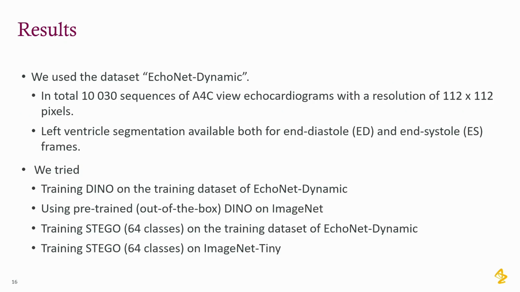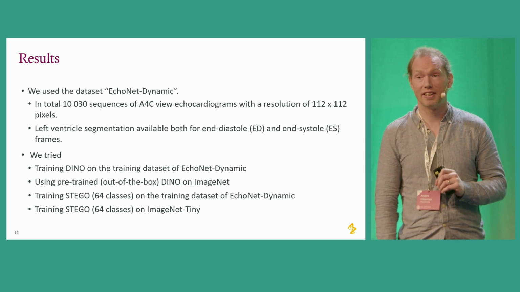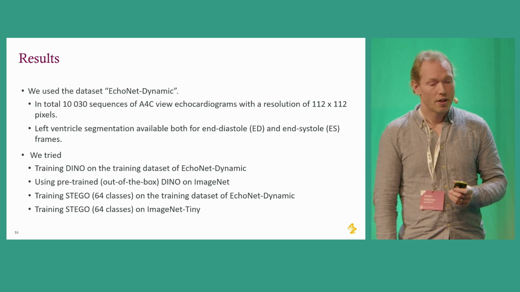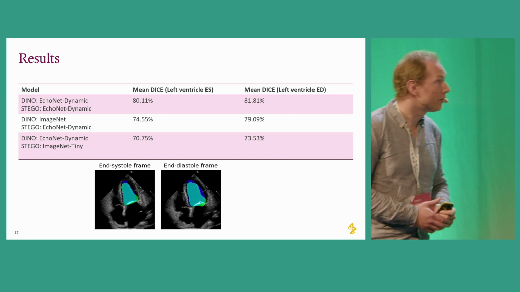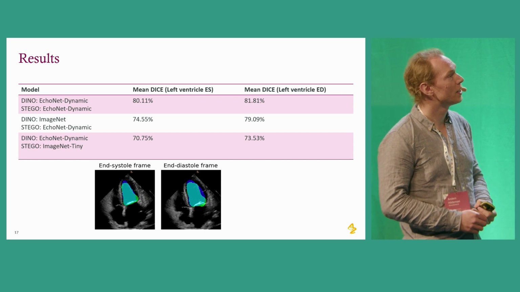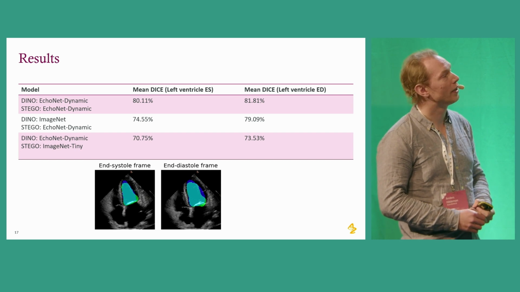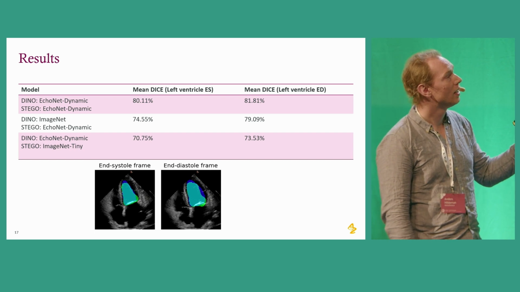So to look at results here, we have a public dataset available called EchoNet-Dynamic. It's around 10,000 sequences of echocardiograms from the A4C view, and it also has annotation of the left ventricle. Looking at the top here, the only time we had supervision was when we acquired the list of which parcels correspond to the left ventricle.